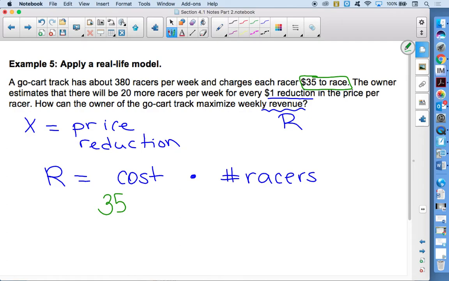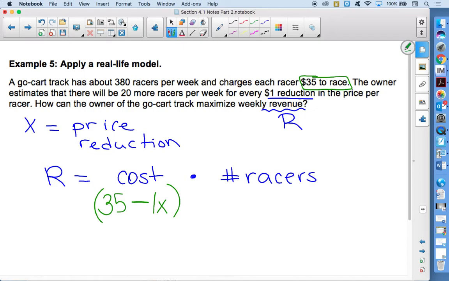So to that cost, if I'm reducing something, I'm going to subtract an amount from that cost. But we don't know what to subtract, so we're just going to subtract the x, because it's $1 for every reduction. That's a quantity that we're going to group together in parentheses. So my cost was 35 bucks, but what happens if I reduce it by $1 every time?